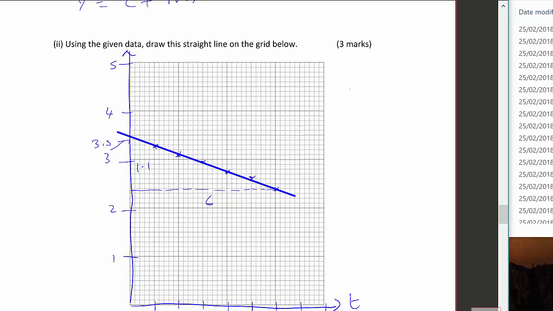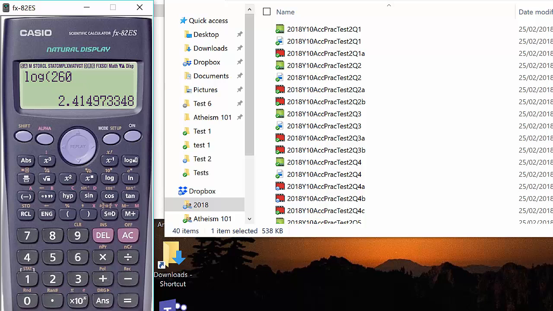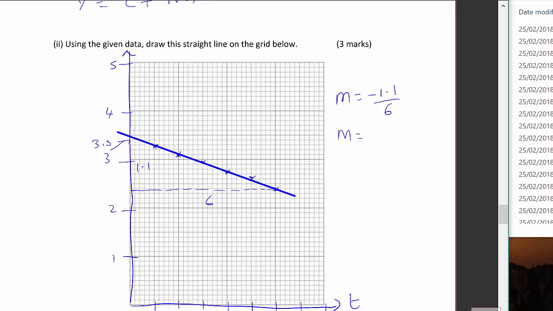So it might be slightly different on the written solutions, but it's going to be different every time you do it. So the gradient there is negative 1.1 over 6. And let's just leave that as negative 1.1 over 6. That's absolutely fine to leave it like that, I think.